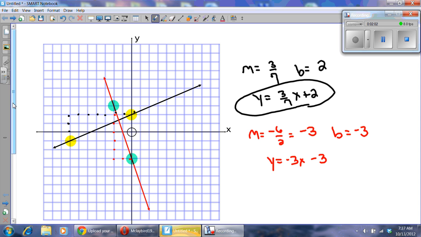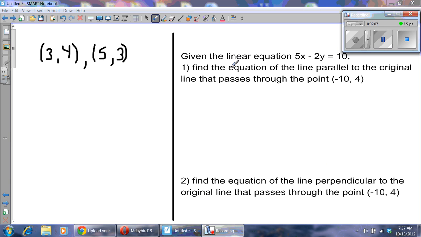All right, let's look at our next examples. Here I'm asking you on this problem, we'll call it problem 3, to write the equation of the line that passes through these 2 points. And over here on the right-hand side, there's problems 1 and 2.